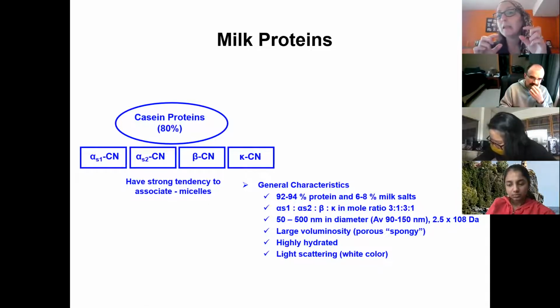So you will have more micelles of smaller size the more kappa casein you have. That's why you have a range in diameter. And also it's porous and it's hydrated, so there's a lot of water interaction. And another thing unique about it is it's white.